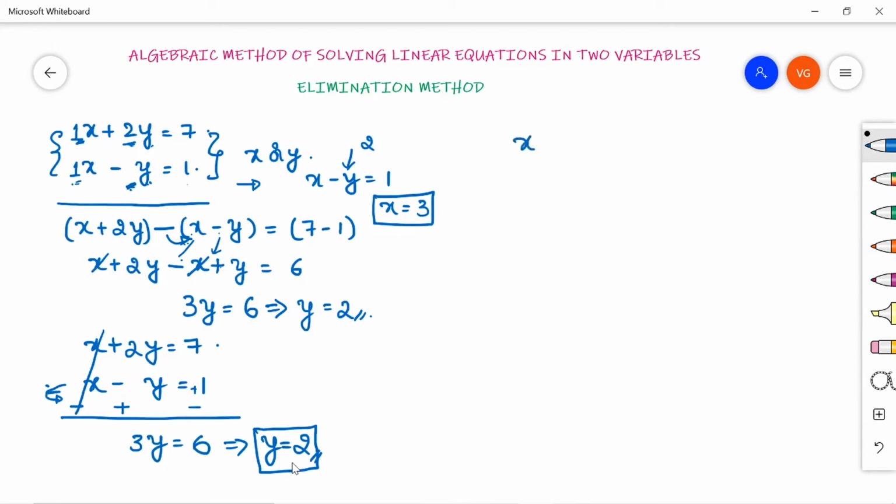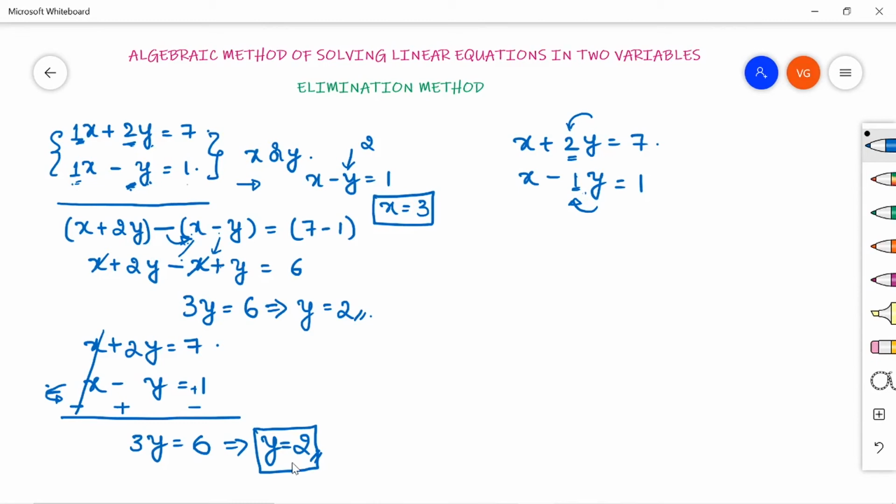Suppose here x plus 2y is equal to 7 and x minus y is equal to 1. So here the coefficient of the variable y is 2 in my first equation, but the coefficient of y is 1 in my second equation, right? So if I want to eliminate y, this is not possible because this is 2y and this is y. If I add also or if I subtract also, y will not get eliminated, right?